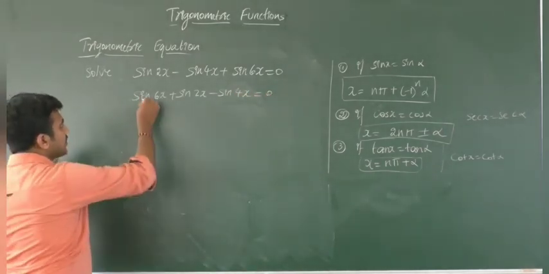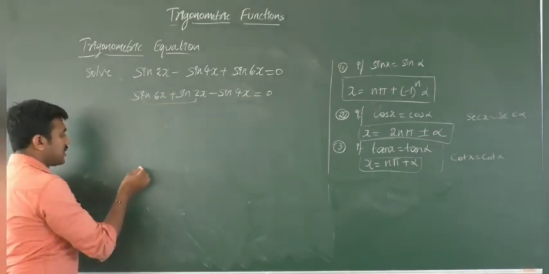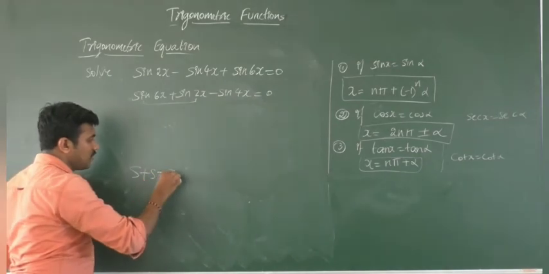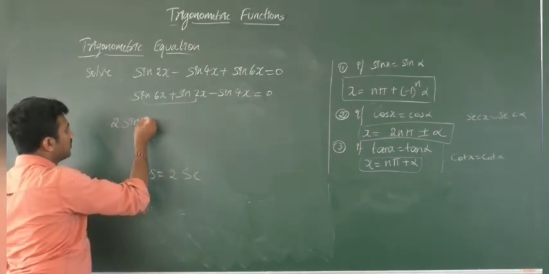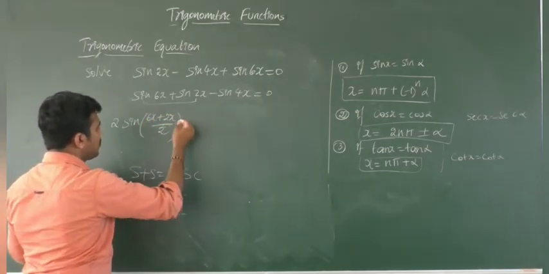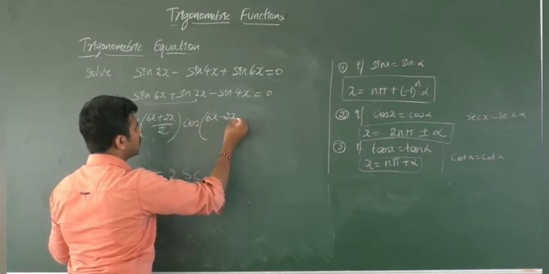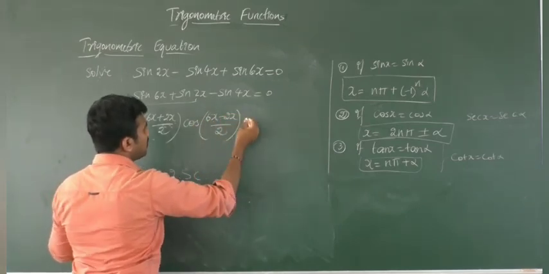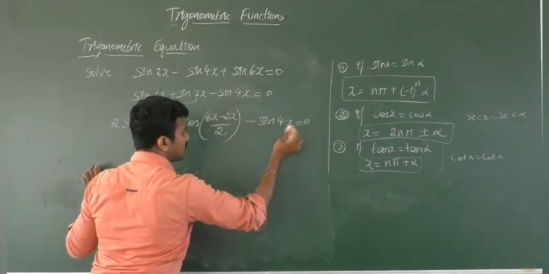Now considering these two, it is in the form sin A plus sin B. This can be written as sin plus sin is nothing but 2 sin C cos D. So 2 sin of (6x plus 2x) by 2 into cos of (6x minus 2x) by 2, minus sin 4x is equal to 0.